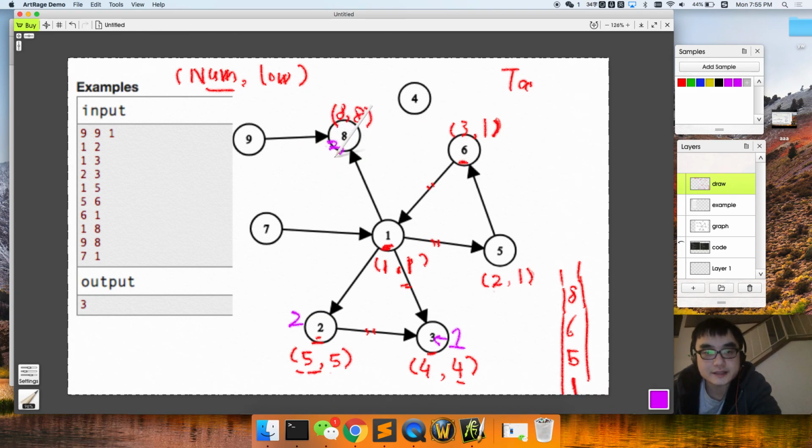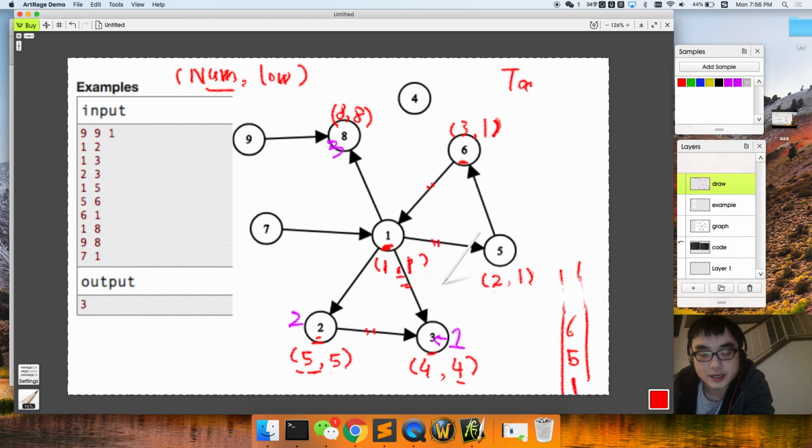It's SCC3, right? So now all of node 1's out degrees are visited. So what we do next is to check if node 1's lowest number it can reach is itself.